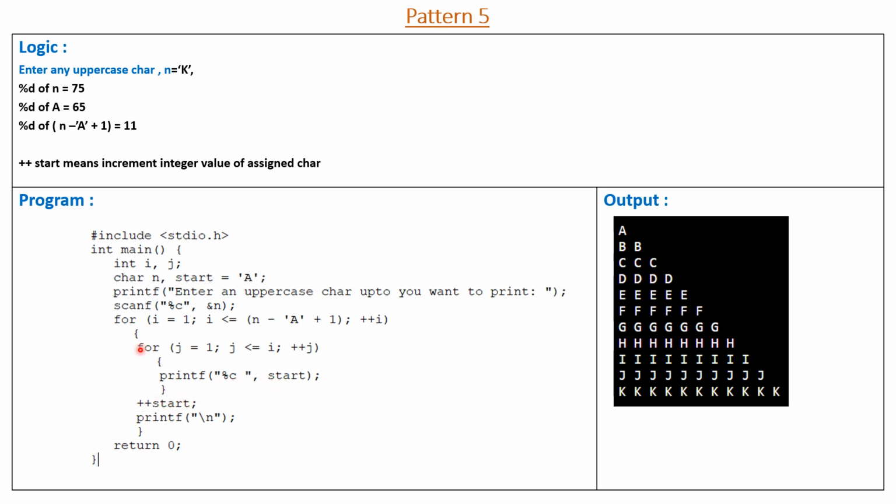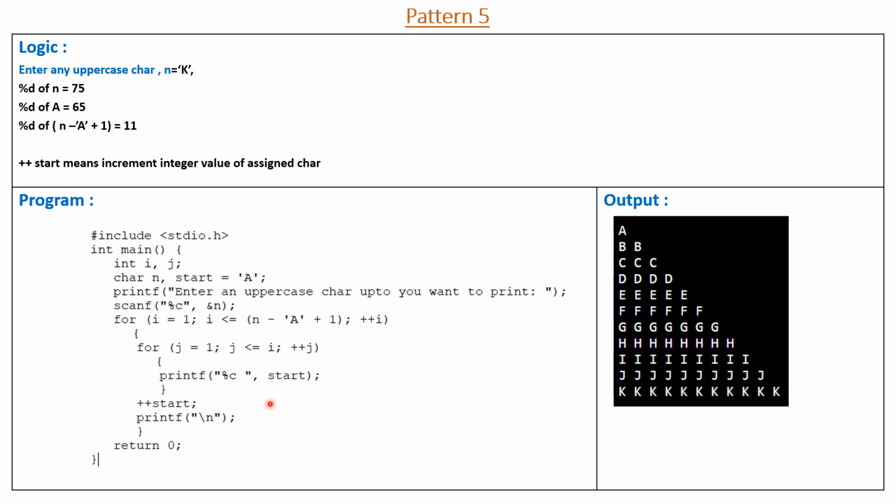Then for the next iteration of i I have incremented the start by 1. The start has the value capital A. So while incrementing, it increments the integer value. So the next value for start is 66. When i equals 2, this condition is true, so control enters the loop, and here the j loop executes twice, and %c start has the value capital B, so it prints the value of start twice.